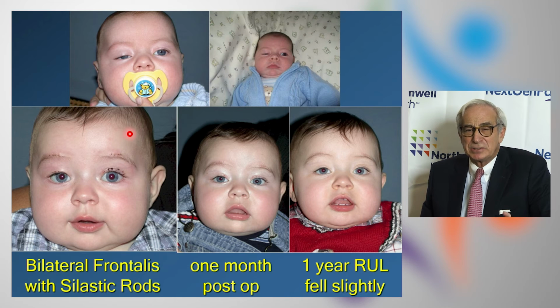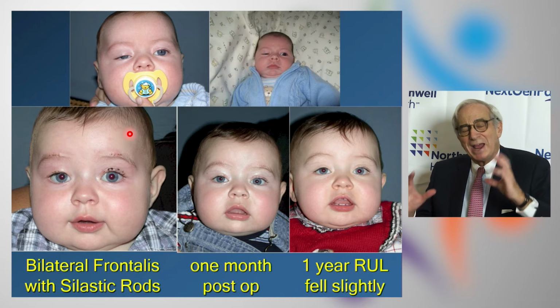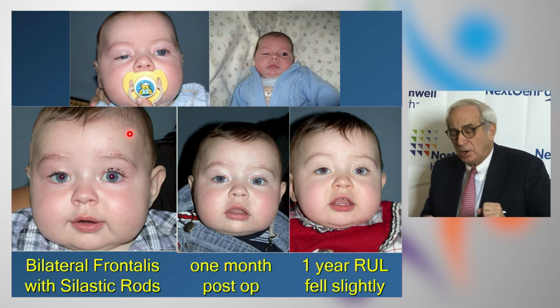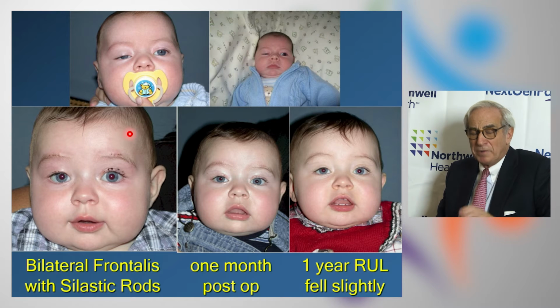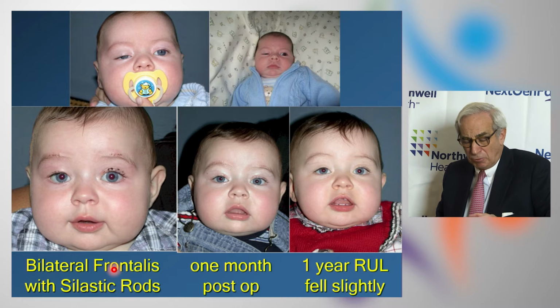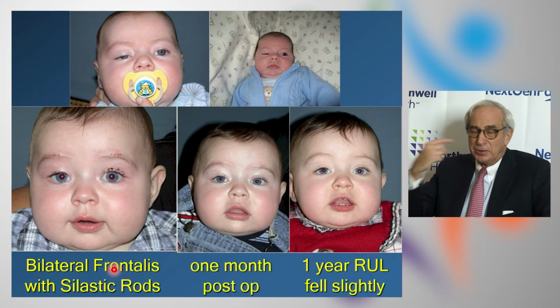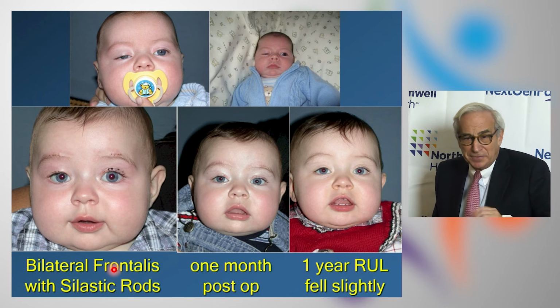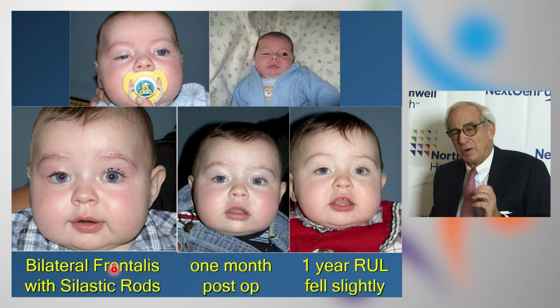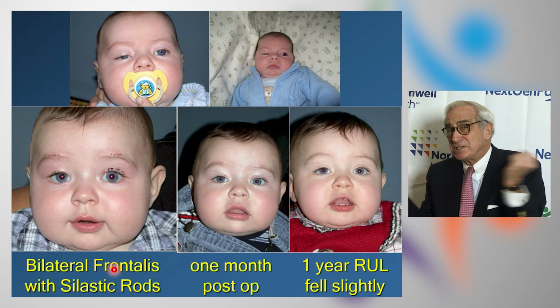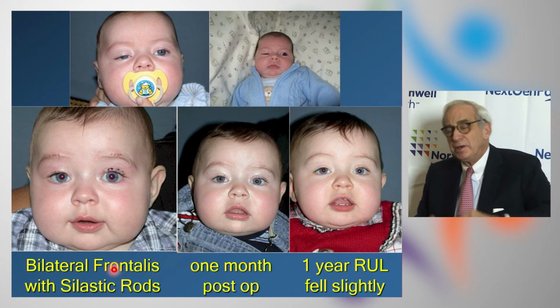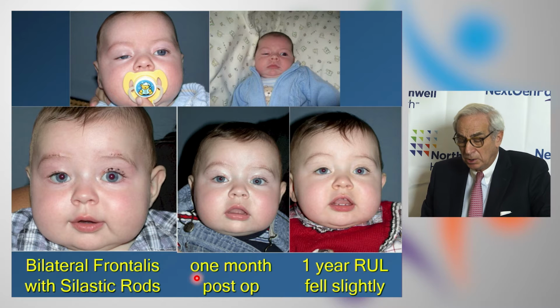And as I just mentioned, you don't have the power of complete closure. So one very common way to elevate it is with silastic rods that join the frontalis muscle, which is working, to the levator, which is fatty infiltrated and fibrotic. Because if you look at a silastic rod, it's like a rubber band. You have some snap. So hopefully you'll get a little better closure.